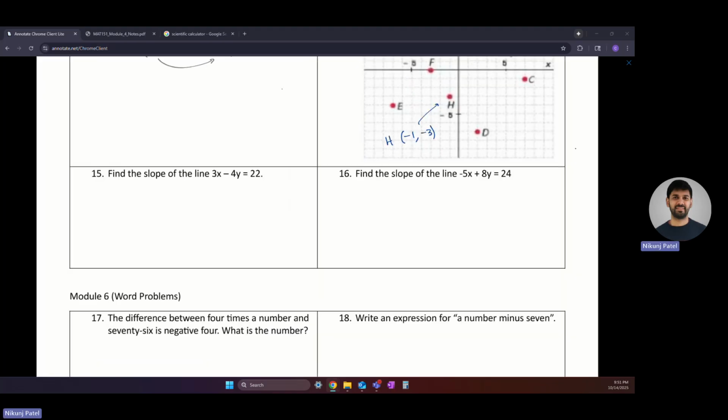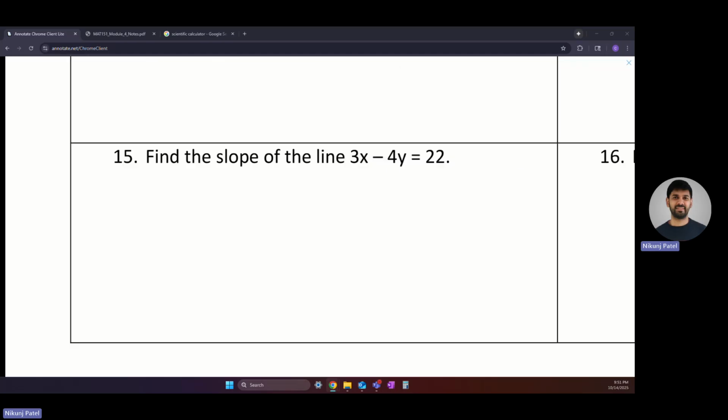Number 15 and 16 ask us to find the slope of these particular equations. It's easy to find the slope if our equation looks like this. If it looks like that, the slope is m. But if it looks like this, then we're not sure what the slope is because we need it to be y equals first.